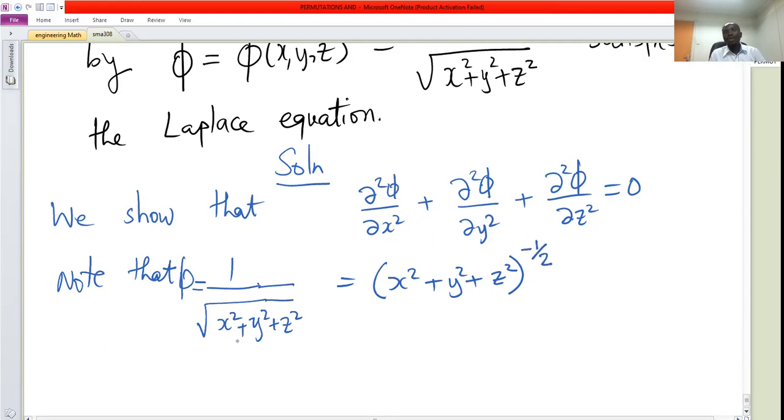Remember, square root means raised power a half. So when I put it in the numerator, then it is the same function.